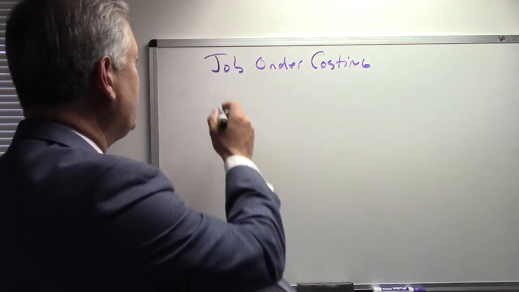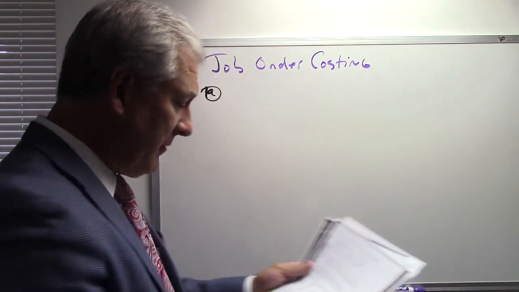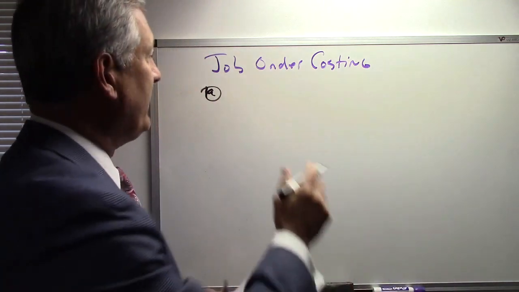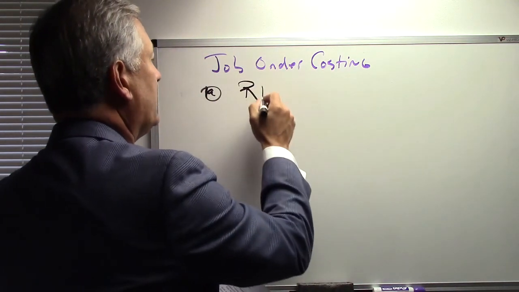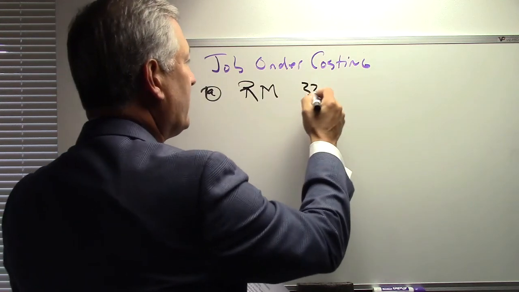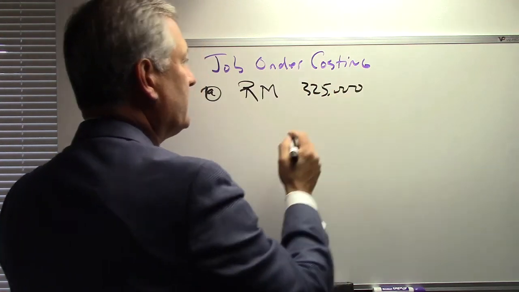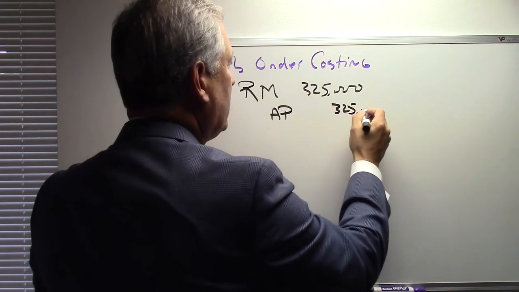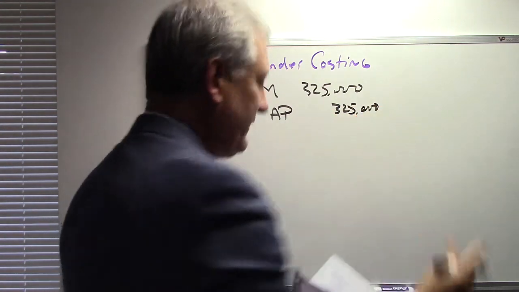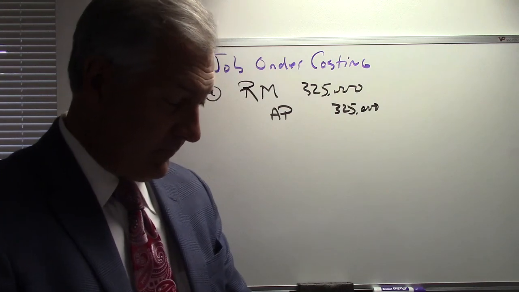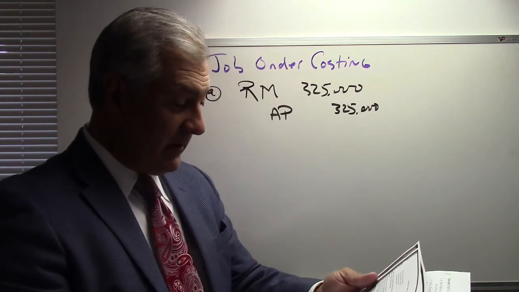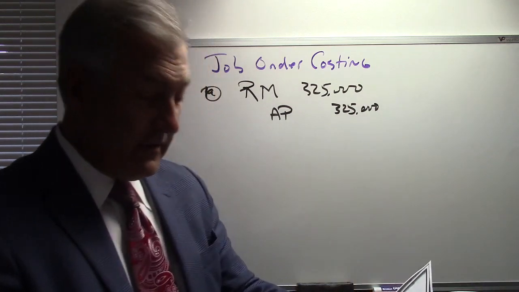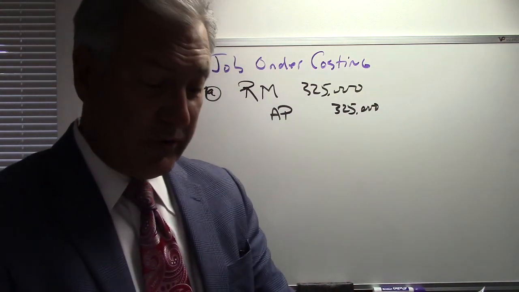So the first one is A, and I'm going to abbreviate. It says raw materials purchased on account, $325,000. So we're going to debit raw materials inventory for $325,000, credit accounts payable for $325,000. Item B, raw materials used in production, $290,000. 80% direct, 20% indirect.